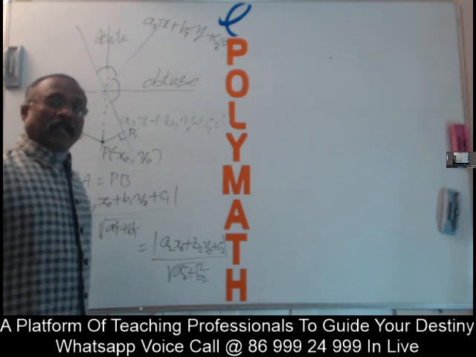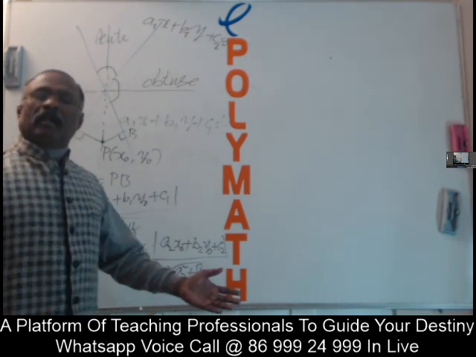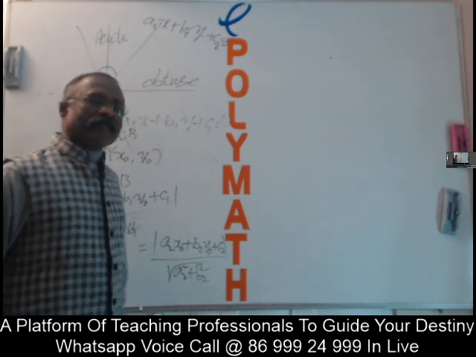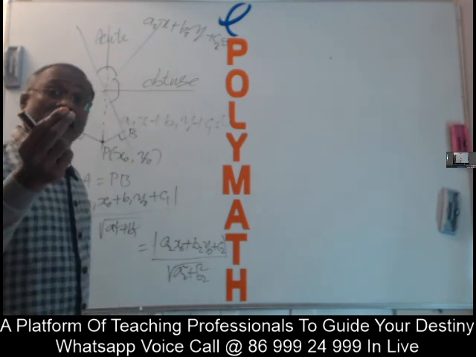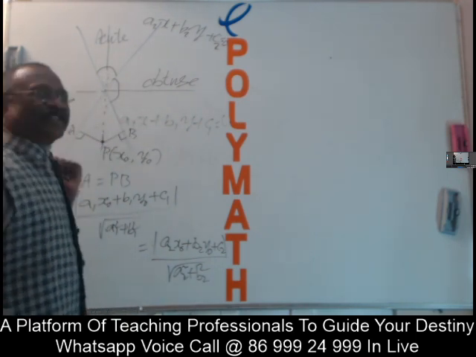I hope you understand that. What did I do? Perpendicular distance formula. Everyone knows that formula. Now, x0, y0 is a point on the locus we have taken.